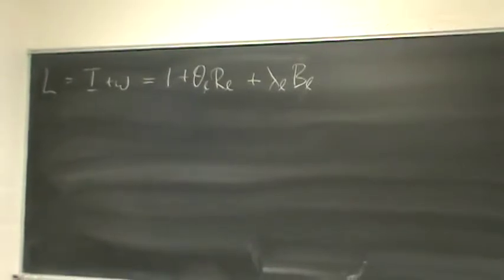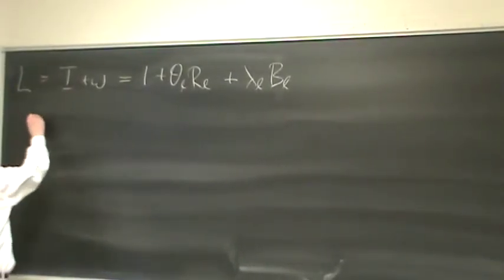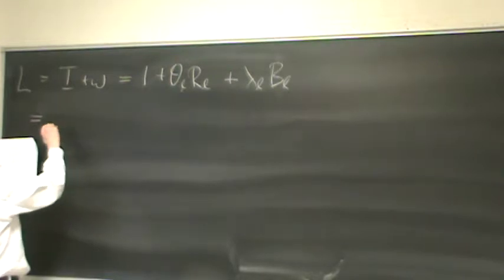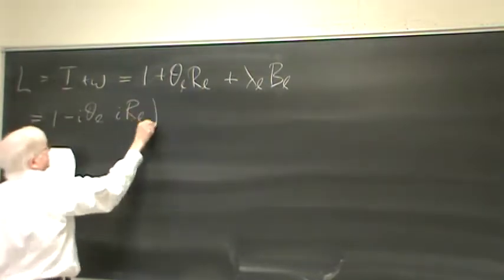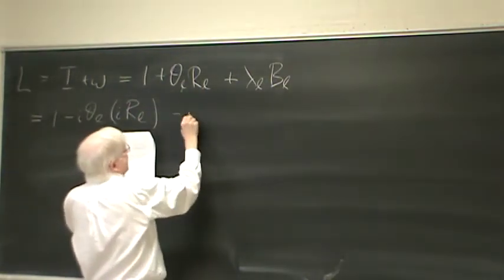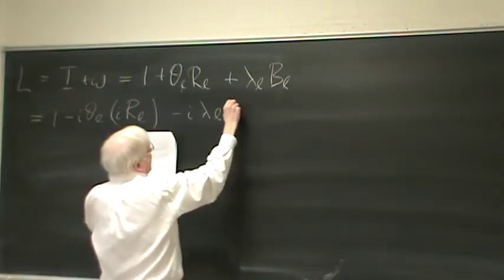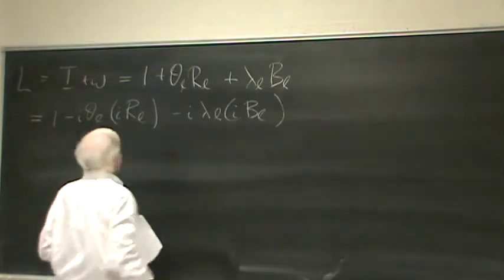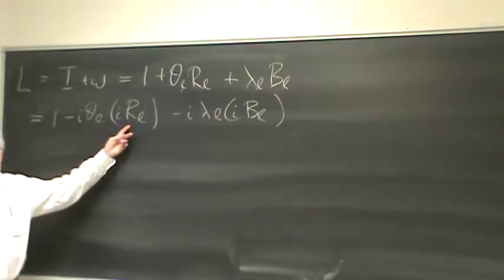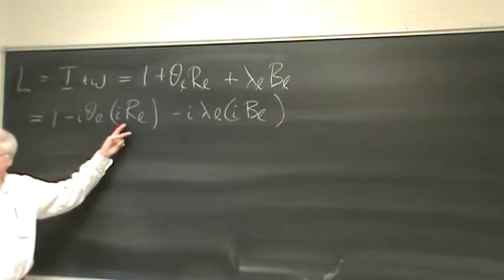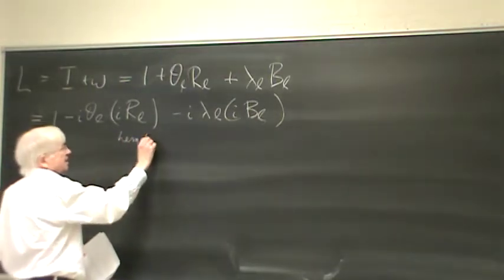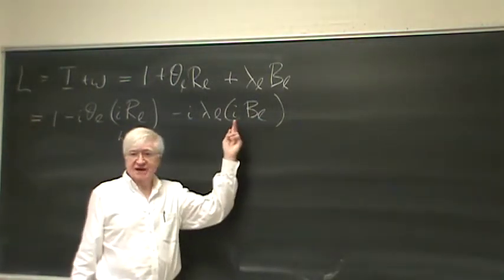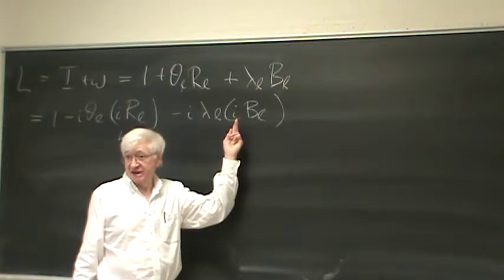And now what we're going to do is this usual thing in physics departments where we stick in i's, and so this is going to be 1 minus i theta L, iRL, minus i lambda L, iBL. If you remember what the R's were, they were real and anti-symmetric. You multiply by an i, now they're imaginary and anti-symmetric. That means Hermitian. These were real and symmetric, now they're imaginary and symmetric. That means they're anti-Hermitian.